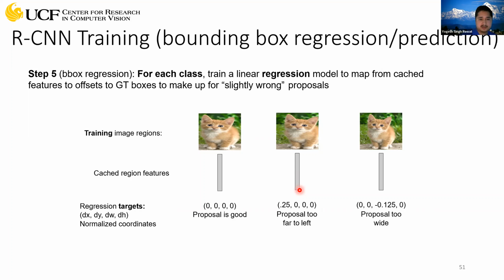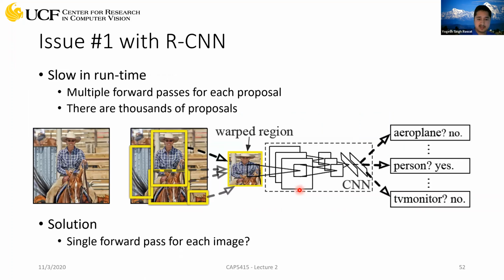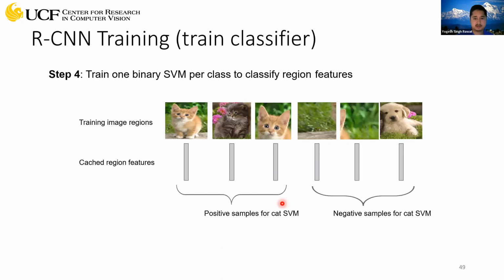But you can see that the idea is fairly simple once you know the basics. So any questions before we start looking into the issues which you have to face with this RCNN algorithm? Or if anything is not clear to you and you want me to repeat that.